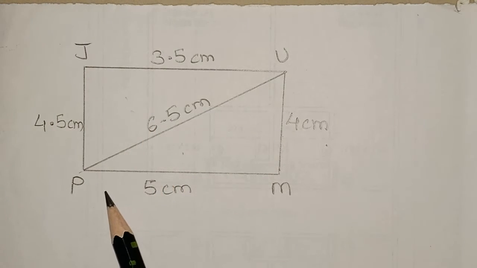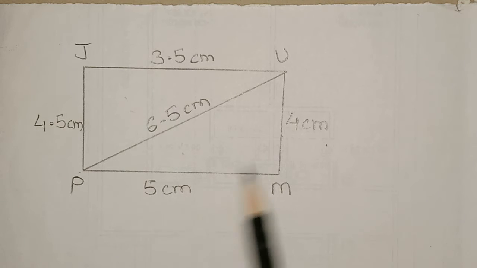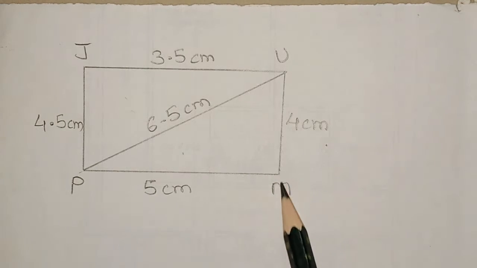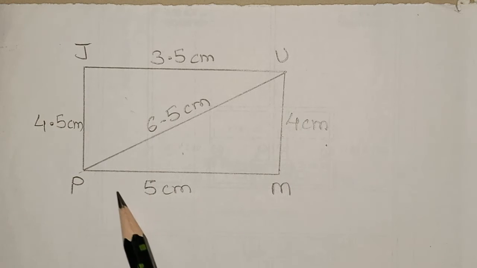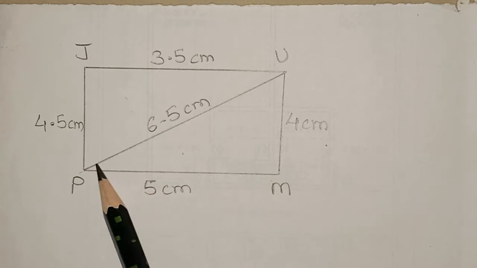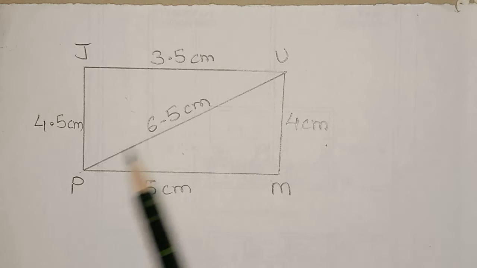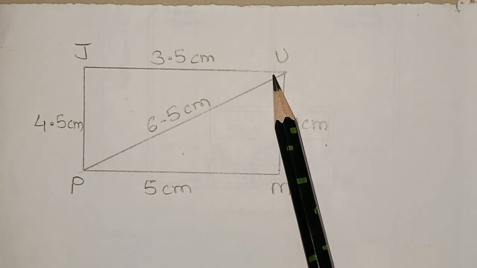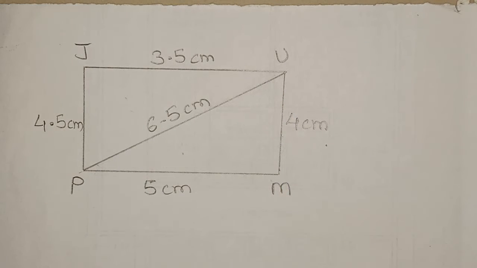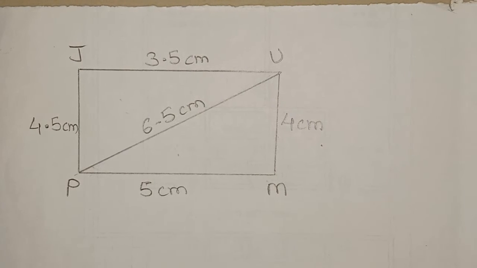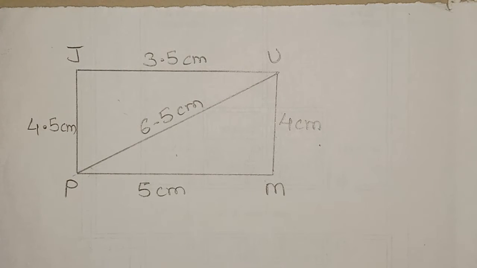So we can easily start with one triangle. So let's draw the lower part. We can take 5 centimeter or 6.5 centimeter, anything. So here I have taken 6.5 centimeter. So let's draw a line segment PU 6.5 centimeter.